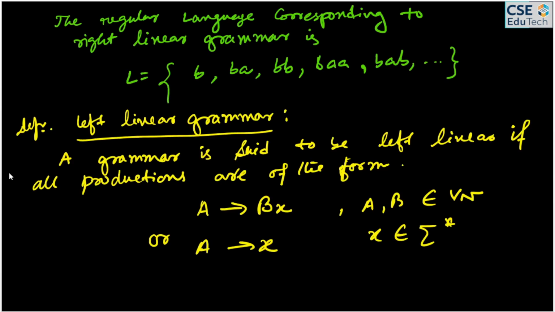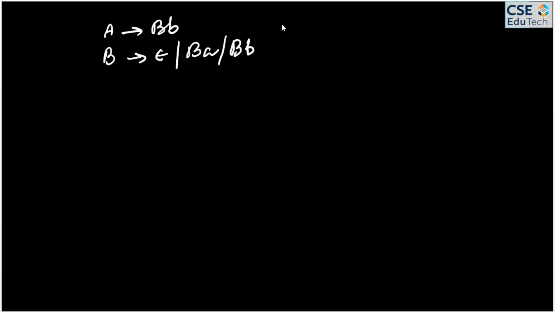The productions will be A to BB, or B to epsilon, BA, or BB. Now look at the pattern of this production form. It basically represents the left linear grammar.